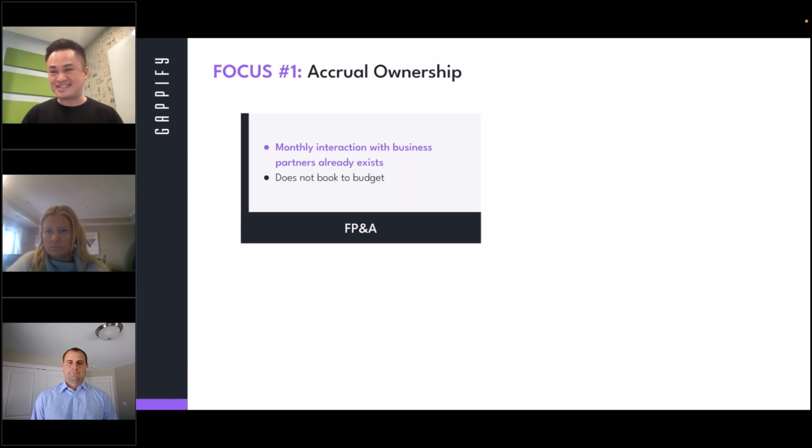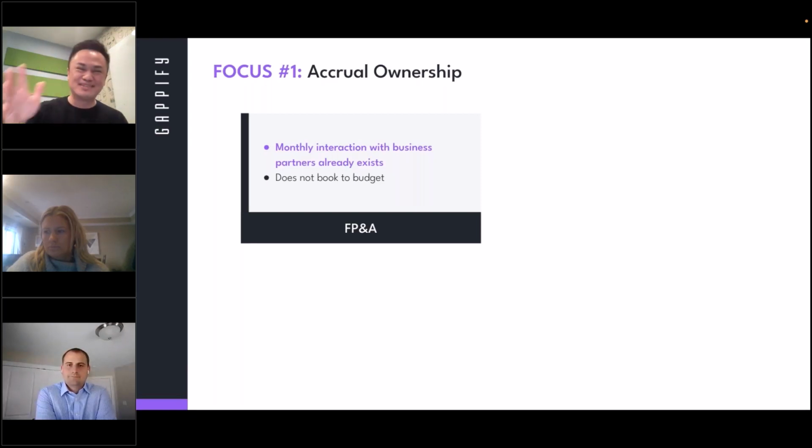Now, one thing I have seen, and I'm adamantly not in favor of, because I come from an audit background, is having FP&A calculate accruals based on budget. That is not good, right? For us CPAs and very purist accountants, we know that budget does not represent expenses incurred.